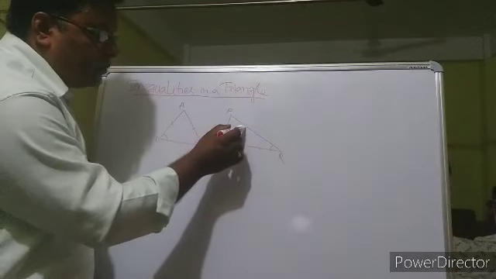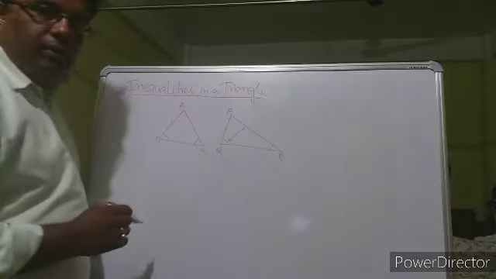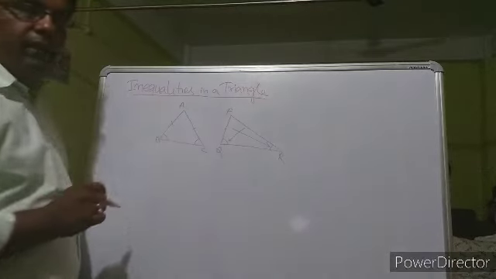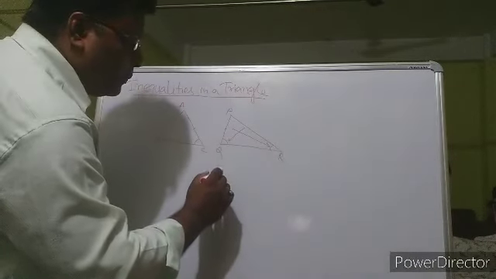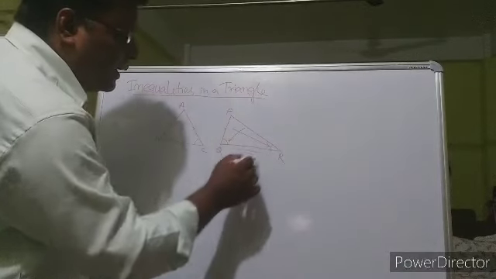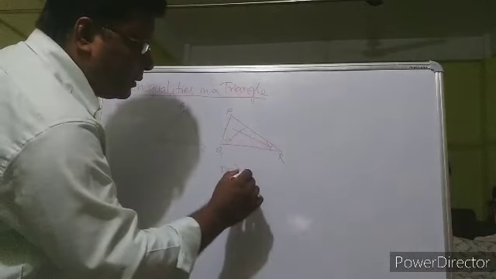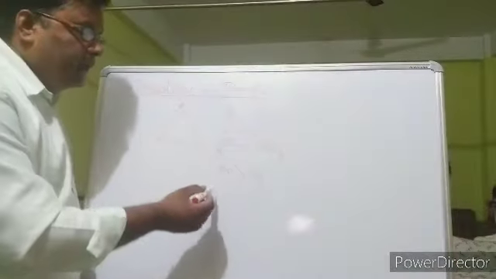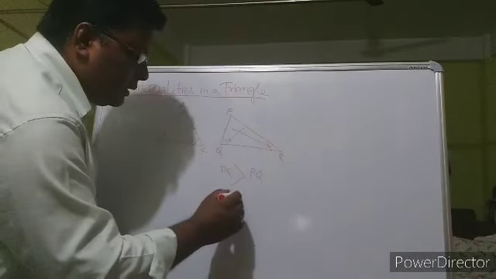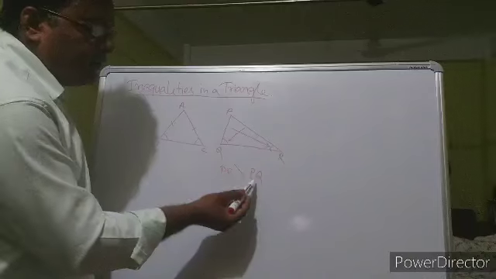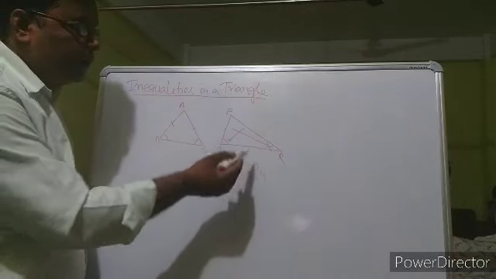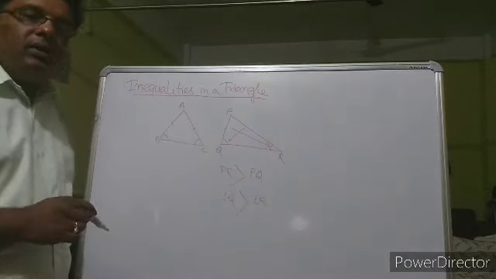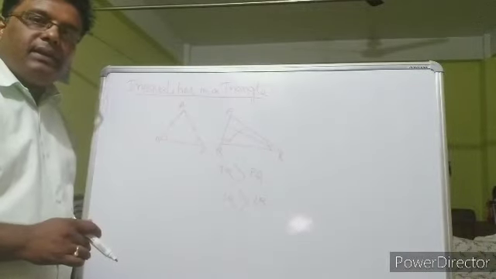That is, angle Q is opposite to PR and angle R is opposite to the side PQ. Since PR is greater than the side PQ, therefore angle Q, opposite to PR, is greater than angle R, opposite to PQ. And today we will discuss this property as a theorem.